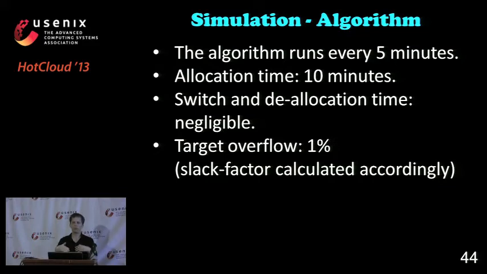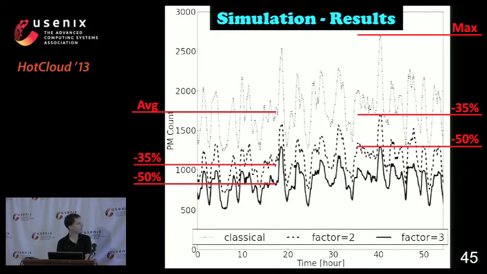And what we do is we run the simulations multiple times and find the slack ratio for which we obtain this target overflow. And run it again and again. And when we find the point where the overflow is 1%, this is the simulation we take.